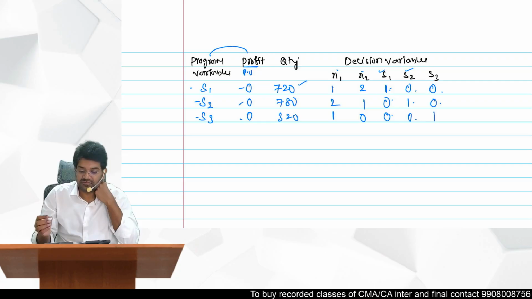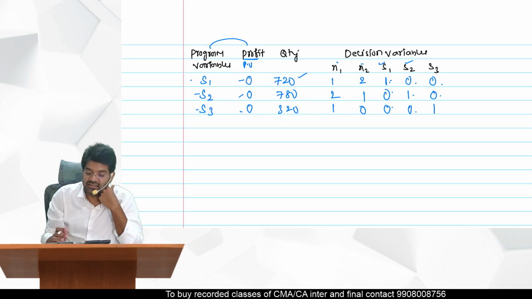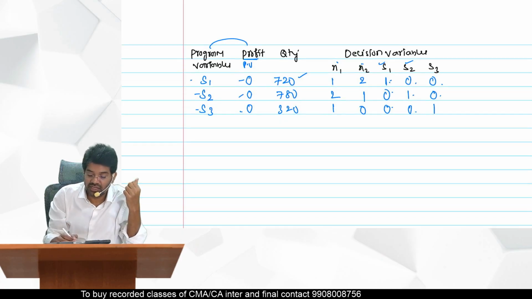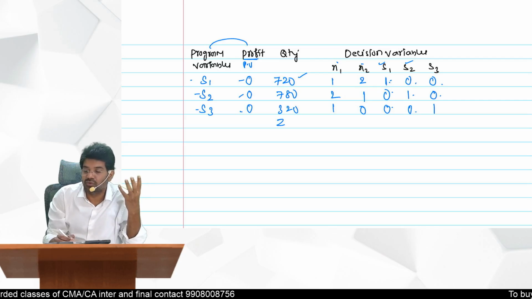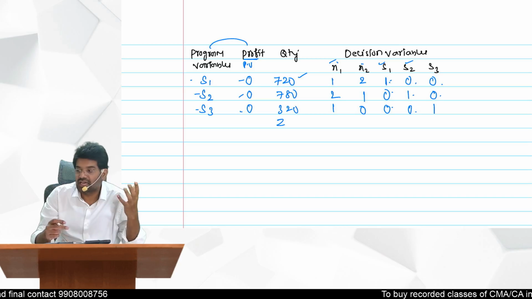After this, you should calculate the Z row. We take the objective function values, the coefficients of x1, x2, s1, s2, s3 in the objective function, as the Z values.